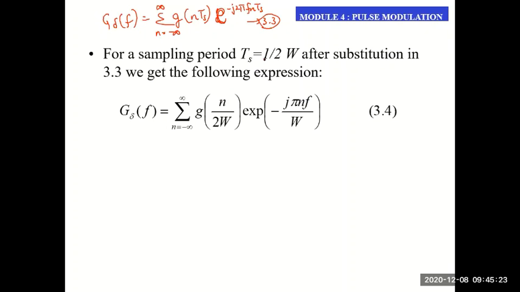Now, wherever I have Ts, I'll put 1 by 2W. This first part becomes G of n by 2W, e to the power of minus j2 pi f n Ts. For Ts, what should I put?